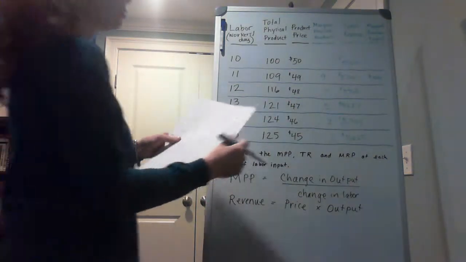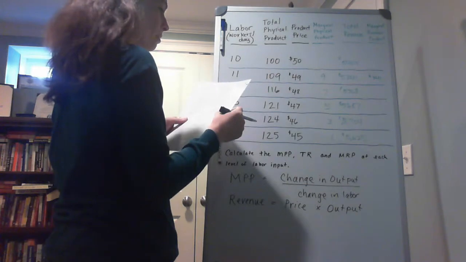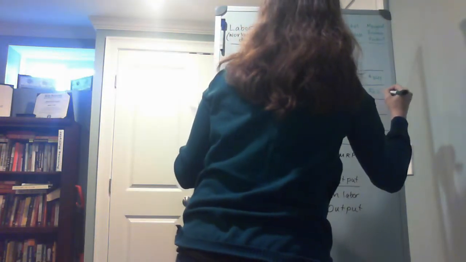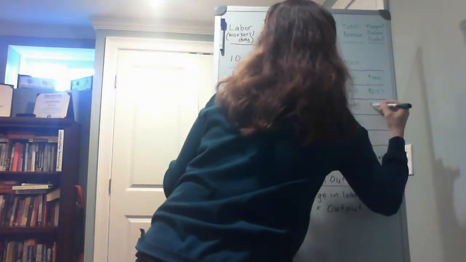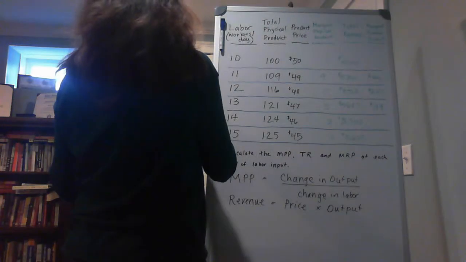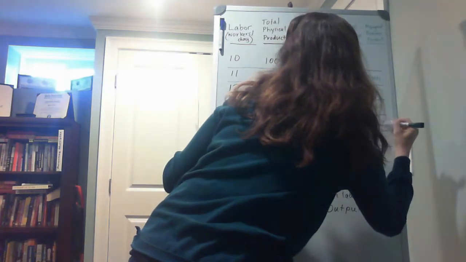I'm not going to bore you with the subtraction, so I'm just going to fill this in. 227, I'll try to write big so you guys can see that. This is 119, 17, and negative 79.